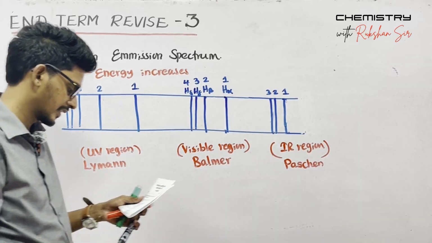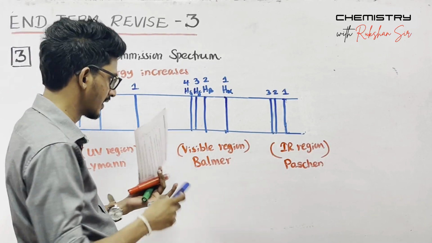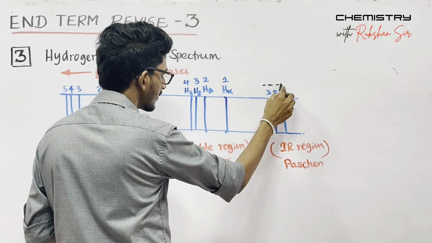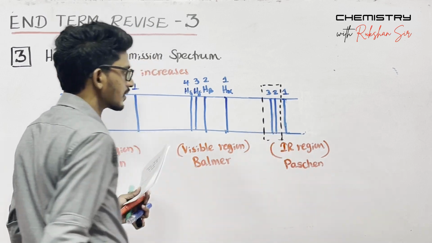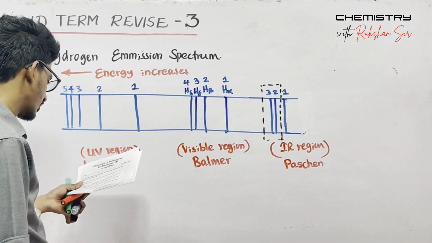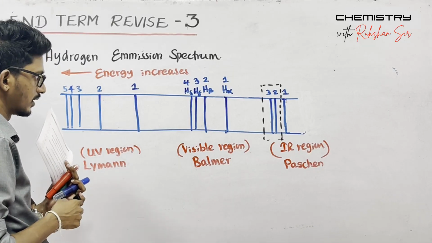See the statement again. The distance between the second and third lines of Paschen series, these 2 lines, is equal to the fourth and fifth lines of Lyman.